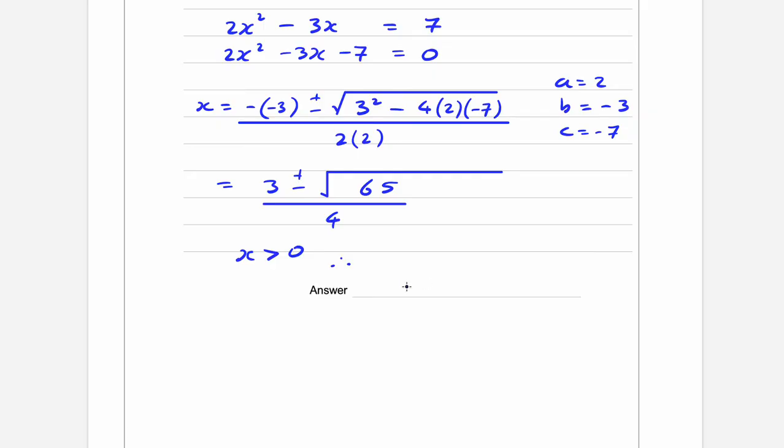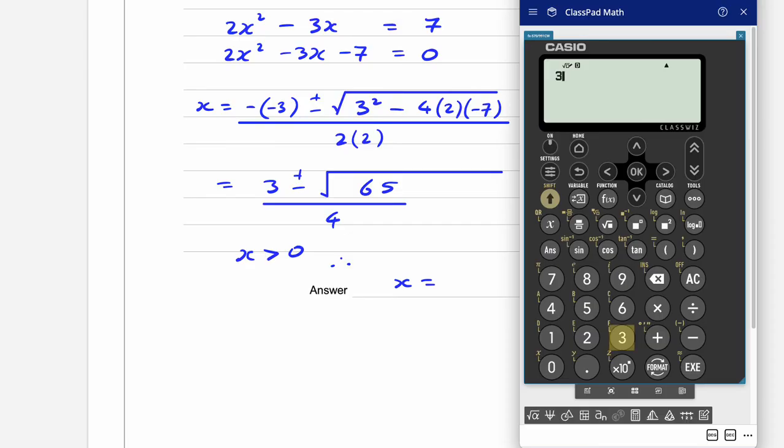Therefore, x equals, and I'll do the plus one. So this is 3 plus the square root of 65, and let's put a big bracket here, guys. And then outside the bracket, I'll do divided by 4.